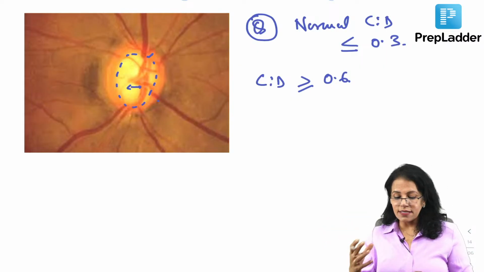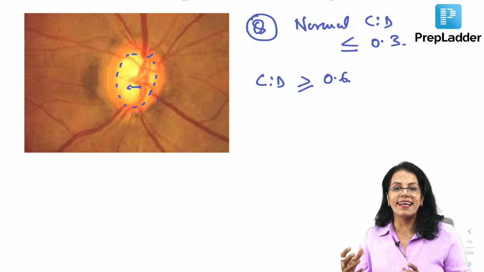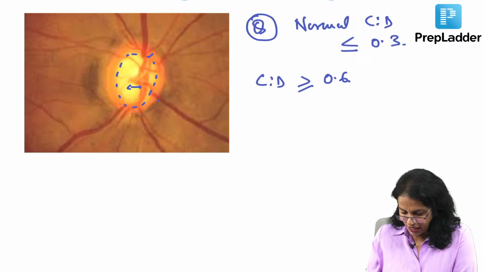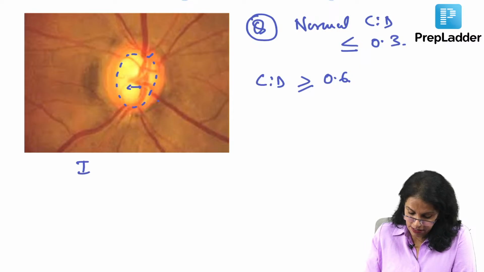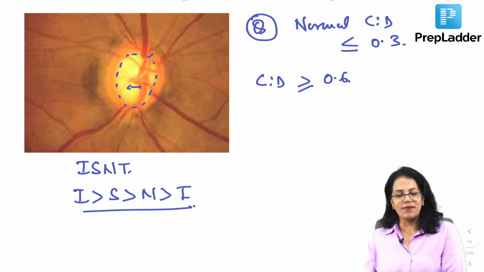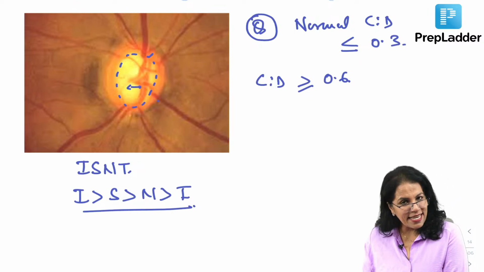I know practically you have to learn 0.6 and above, right? Okay, very nice. So, this is clear to you, and of course, also do not forget your ISNT rule. So, we all know I is more than S is more than N is more than T. We are talking about the width of the neuroretinal rim.